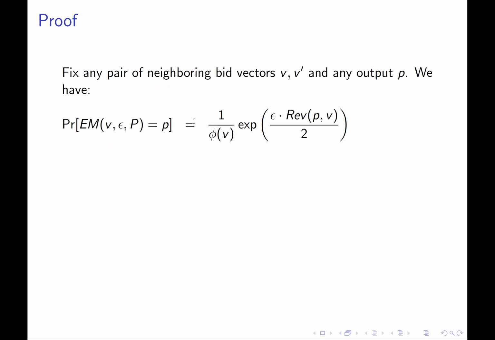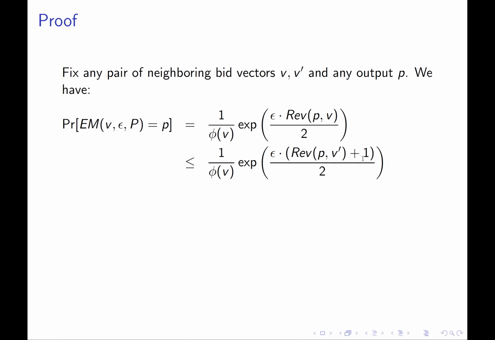And so when we look at the revenue obtainable at some fixed price p as a function of the reported bids V, this is no more than the revenue that we could obtain at bid vector V prime, the revenue we could obtain if you misreported, plus one, right?